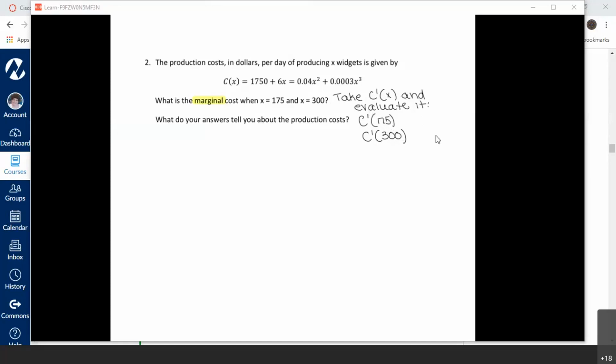values into the derivative. Remember I said finding the derivative function is actually faster than trying to evaluate the rate of change at this particular x value, and then do it again at this particular x value, and do it again. I'm not going to keep doing that. I'm going to do it once, and then plug in the x values.